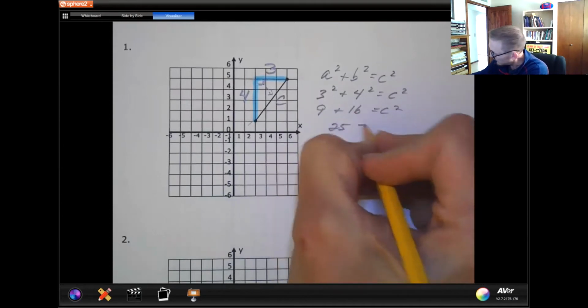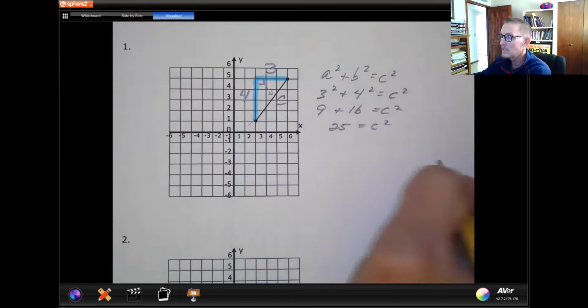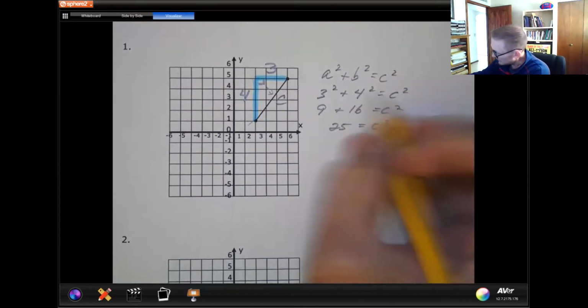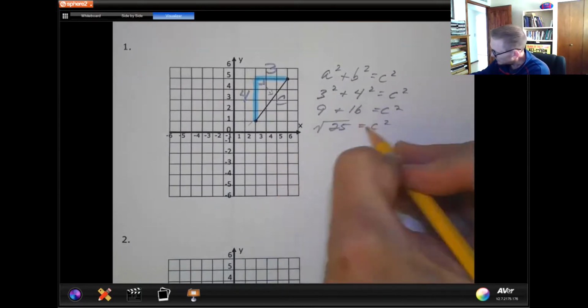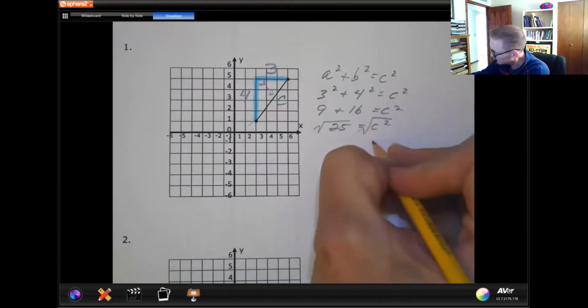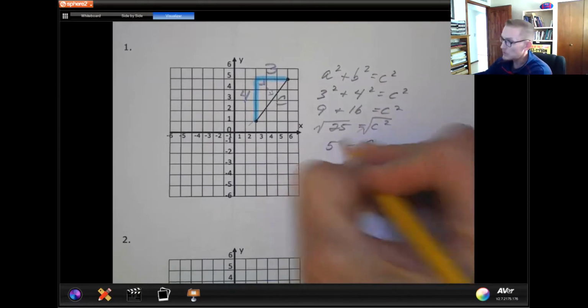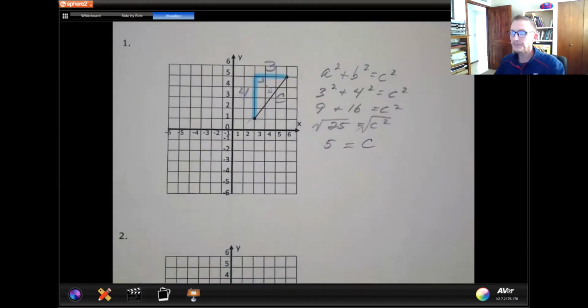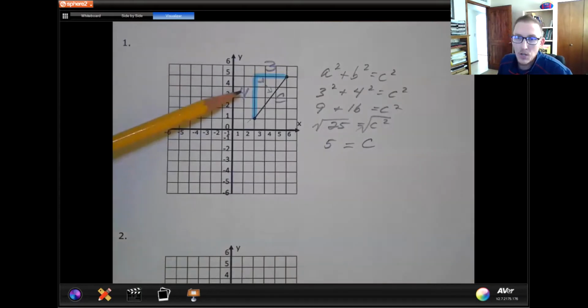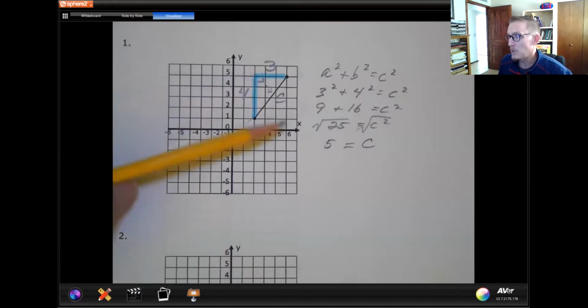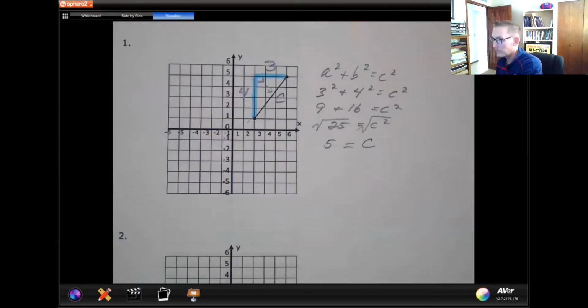So I get 25 equals C squared. The last step is to get the C alone, so we undo the squared with a square root. So C equals 5. We take that line segment and make a right triangle, putting in the lines ourselves because we can do that using the grid. We get a perfect right angle, and then we use the Pythagorean theorem to solve.